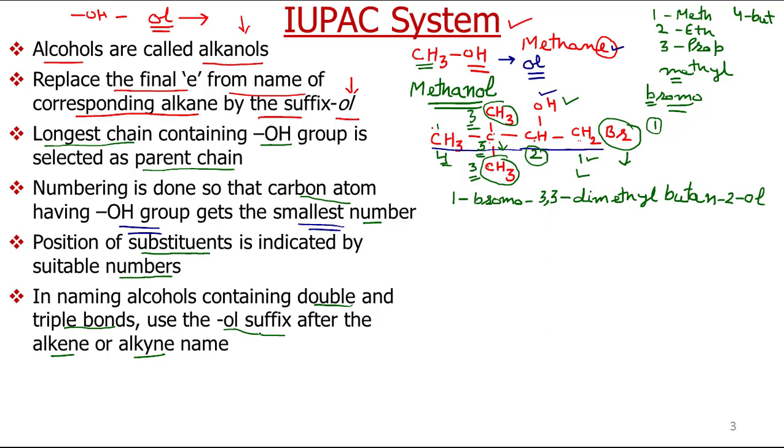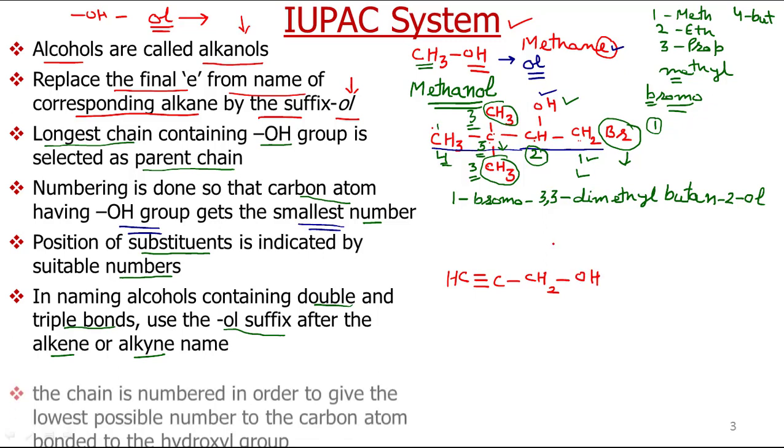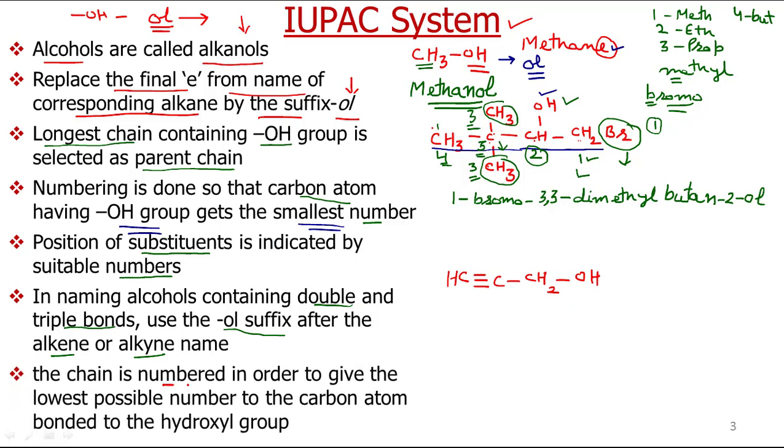Let us understand this by a simple example. Suppose we have the structure CH triple bond C, CH2OH. First we have to do the numbering. The rule is the same: the chain is numbered in order to give the lowest possible number to the carbon atom bonded to the hydroxyl group.